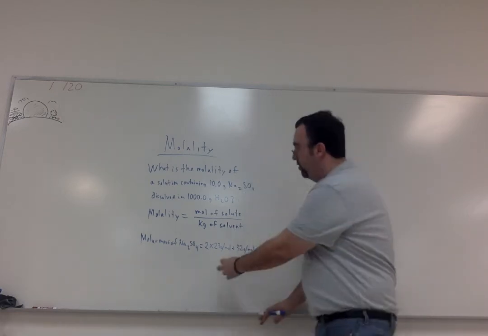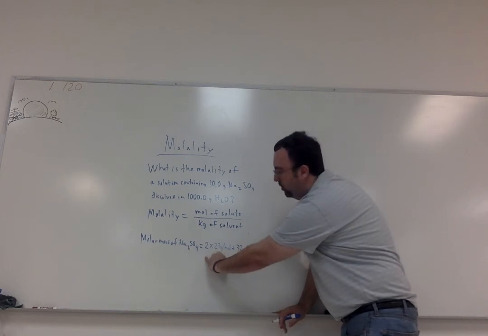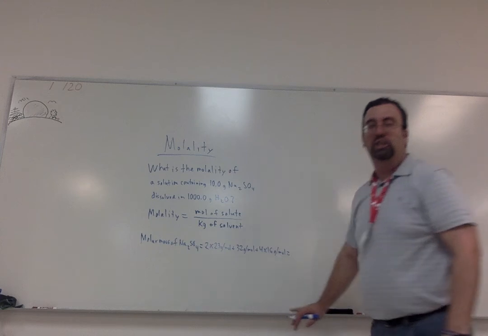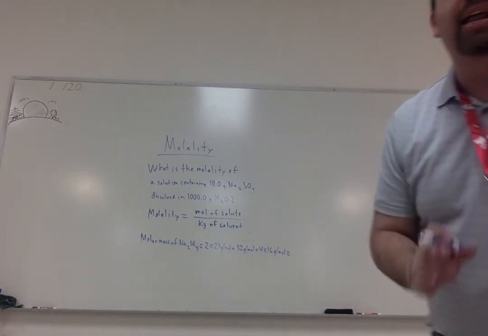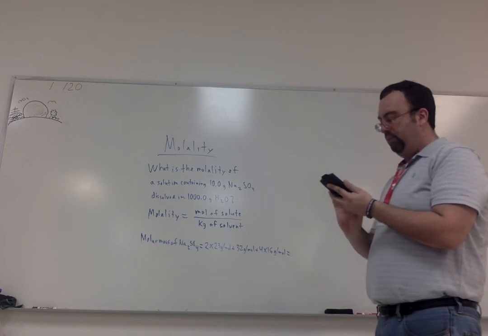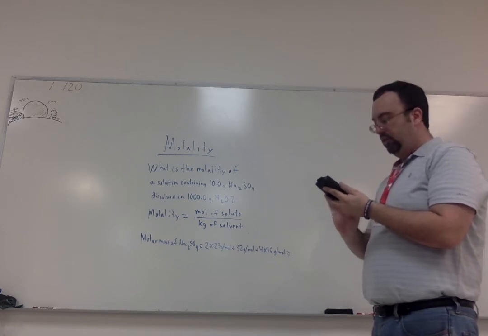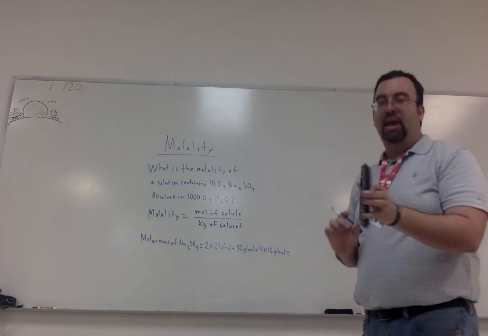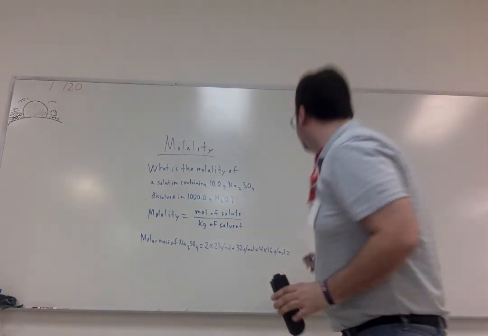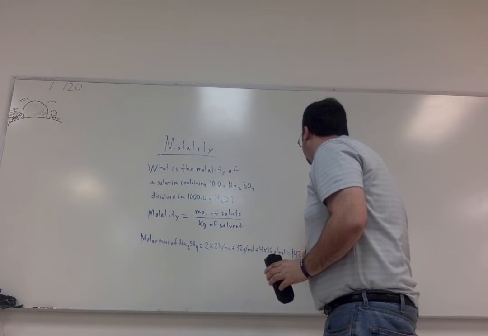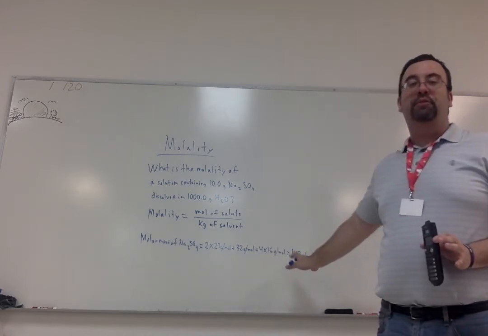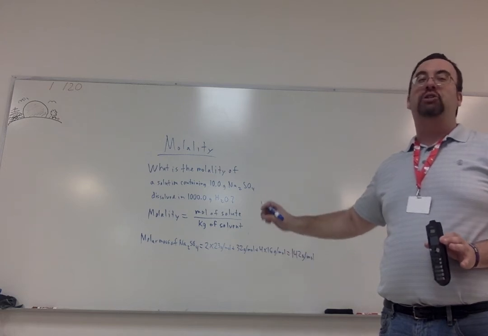This part here is for the sodium, this is our sulfur, and this is our oxygen. So let's calculate the molar mass of the sodium sulfate: 2 times 23 plus 32 plus 4 times 16, and we end up getting 142 grams per mole. All right, this again will serve as our conversion factor as we go from mass to moles.